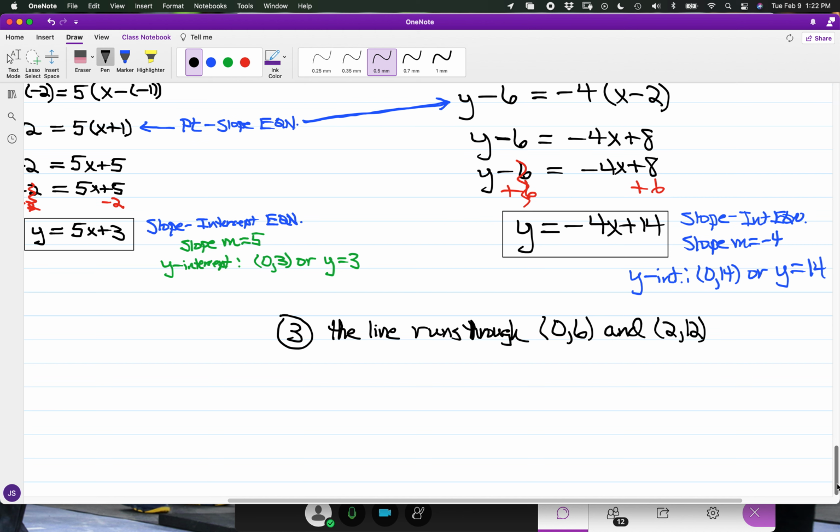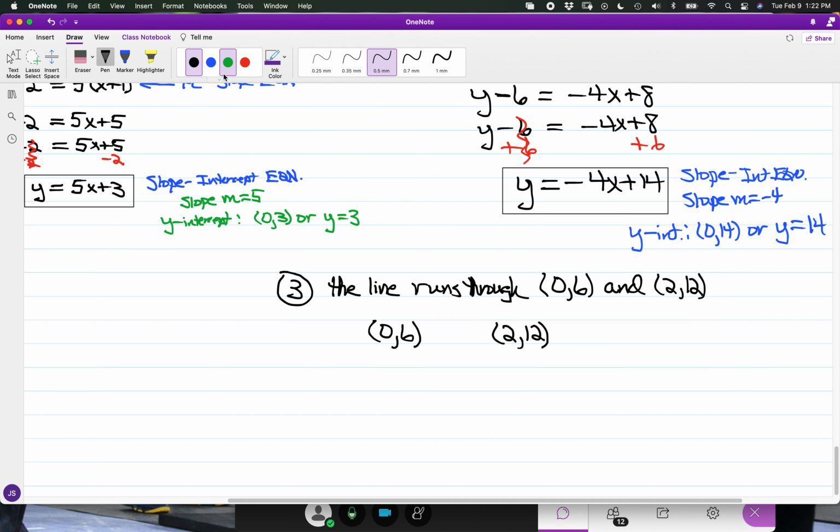If you notice, we don't have the slope given. We're going to have to find out what that is going to be. And what we can do here is find out what the slope is going to be.